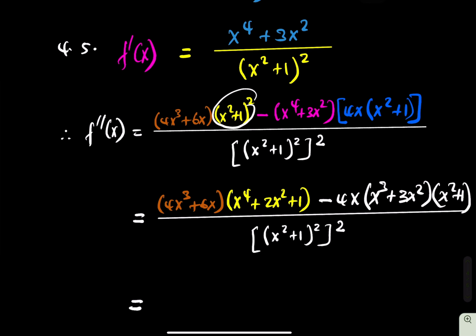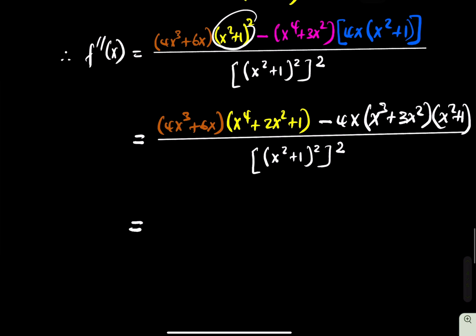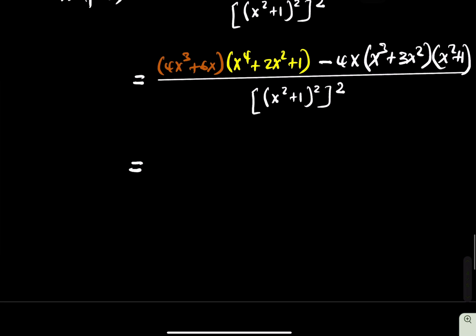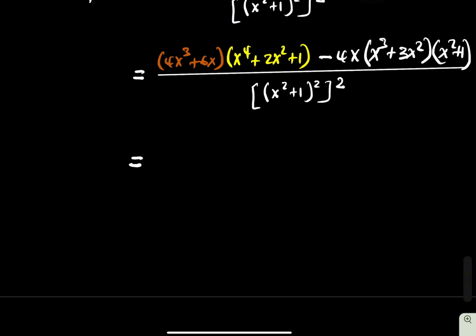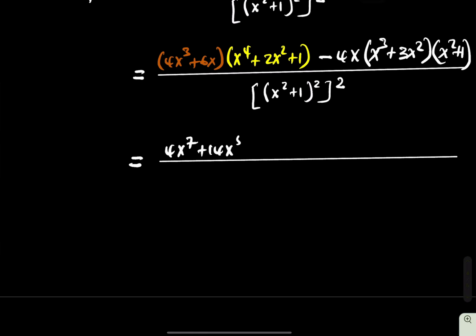I'm going to get 4x to the power 7. If you simplify this nicely, you're going to get 4x to the power 7 there, plus 14x to the power 5, plus 16x to the power 3, plus 6x, minus this multiplication as well.